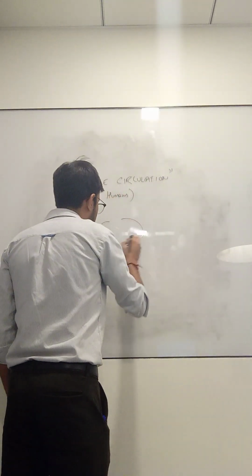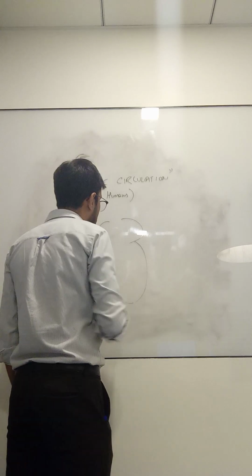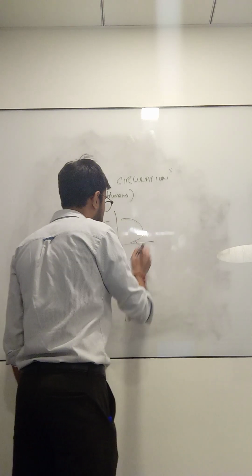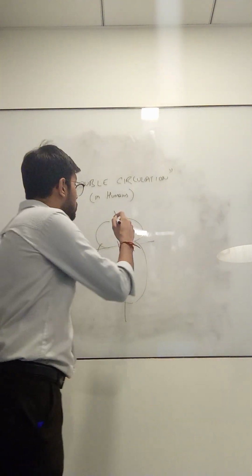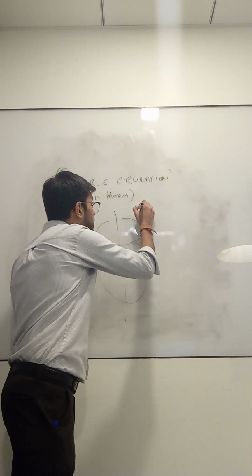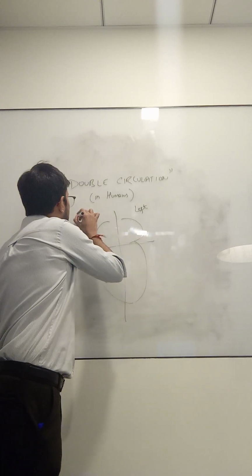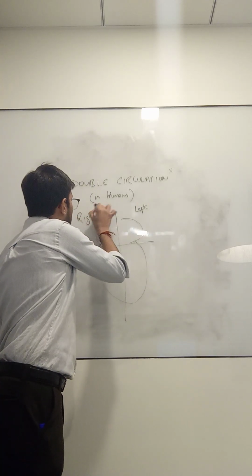Let me draw a heart first of all. Suppose this is your heart. It has four chambers. We know from earlier classes that the heart has four chambers. This is the left side of the heart and this is the right side of the heart.